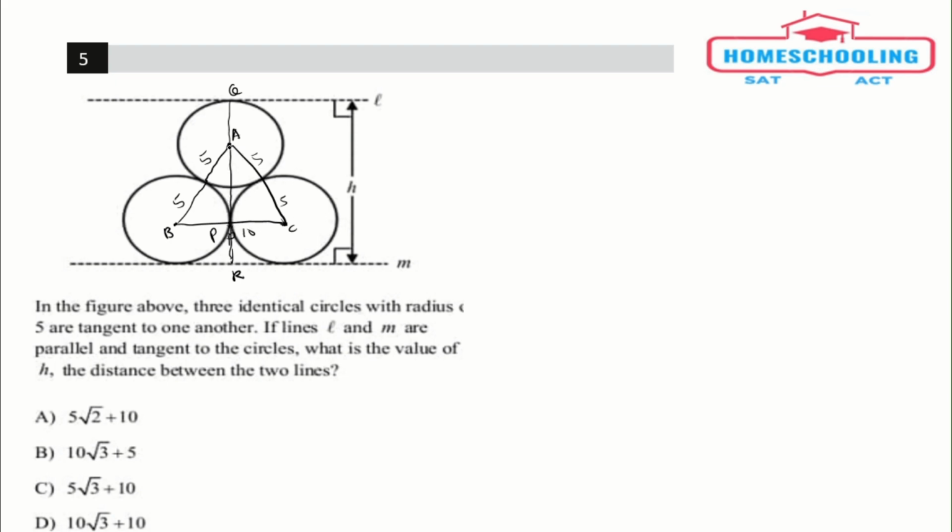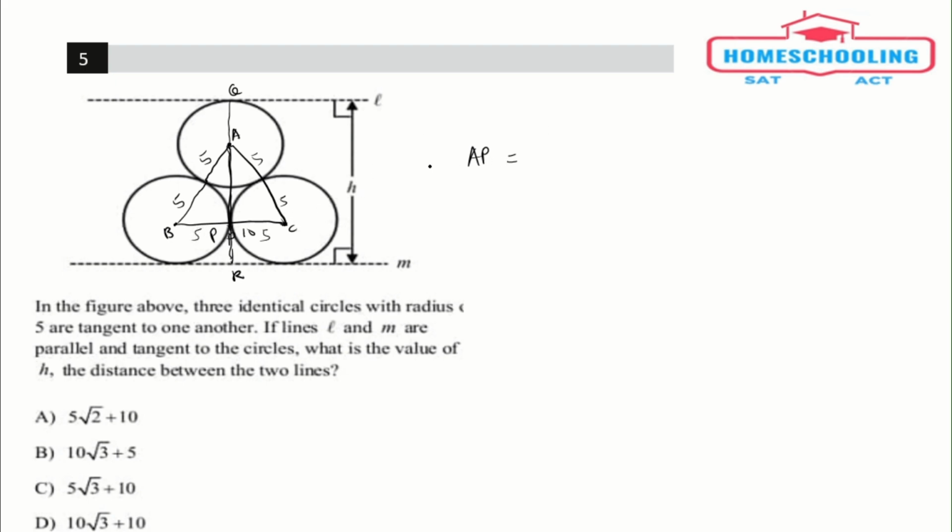If we draw a line AP like this, we know that this one is 5 and this one is 5.